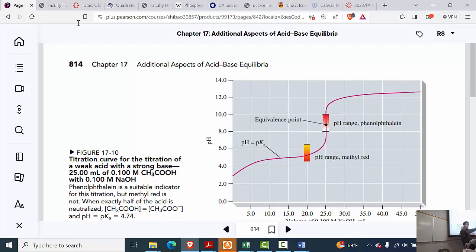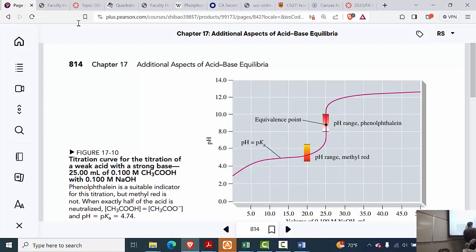So there are a couple of things when we're thinking about buffers. When we want to make a buffer, there are different ways to make one. One way is to take some acetic acid and neutralize it with sodium hydroxide, and then you're going to form the acetic acid acetate buffer. So one way is we could just add sodium hydroxide until we get to the desired pH. But the best is here, right in the center.